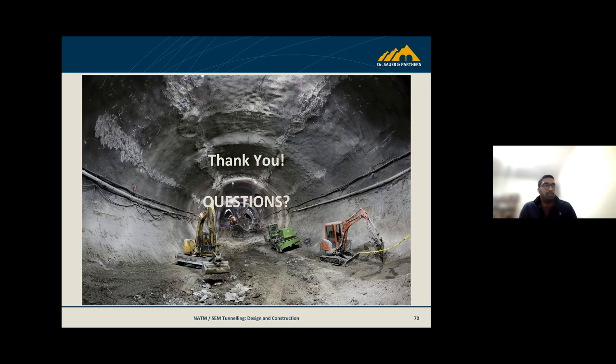I think better than expected performance is usually down to TBM drives, rather than SEM drives. In London, I think generally it's because of the London clay. It's just down to the methods and means that you're using to get that clay excavated and supported.